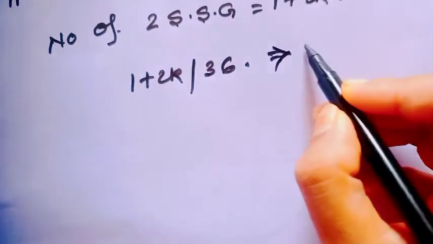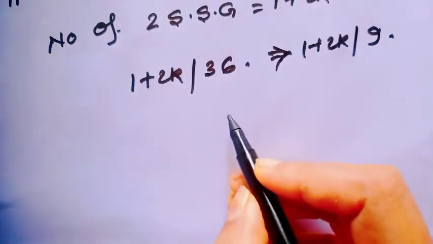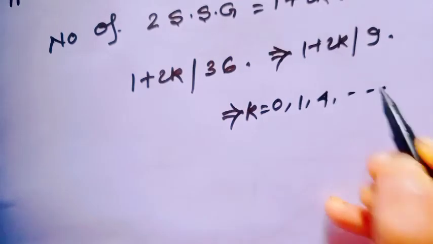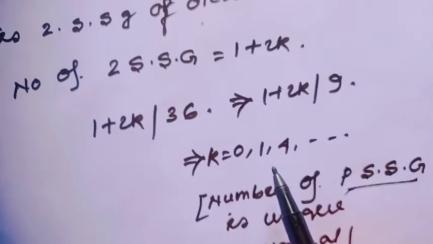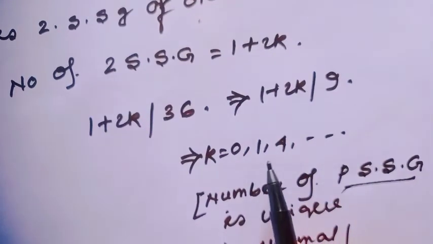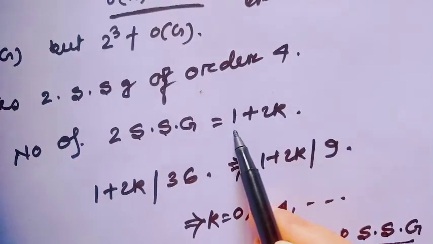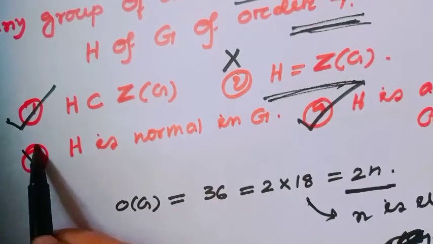That implies 1 plus 2k should divide 9, and this is possible for k equal to 0, 1, 4, etc. We all know if the number of p Sylow subgroups is unique, then this Sylow p subgroup is normal. Here notice the number of 2 Sylow subgroups is not unique because it is true for k equal to 0, 1, 4, etc. And the number of 2 Sylow subgroups is 1 plus 2k. So option 3 is the wrong option.